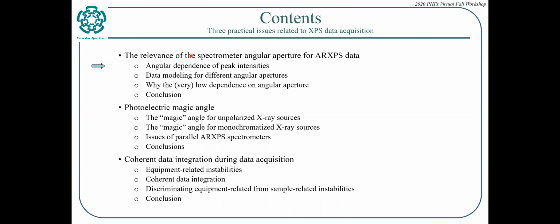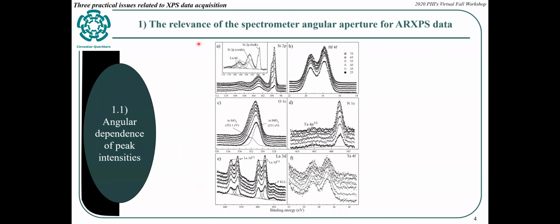So, what's the relevance of a spectrometer angular aperture while acquiring angle resolved data? So this is what we mean by angular dependence of peak intensity.